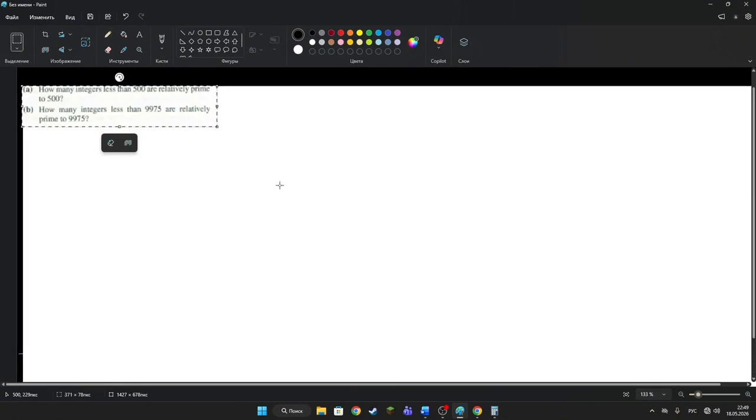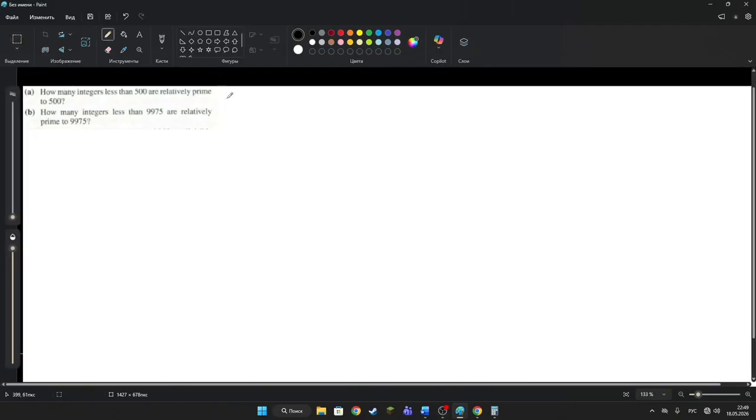So next exercise. How many integers less than 500 and relatively prime to 500? So in case A, we use the formula of Euler. It's gonna be like this: 1 minus 1 divided by P1 multiplied by 1 minus 1 over P2.